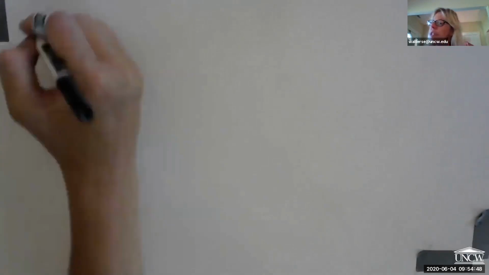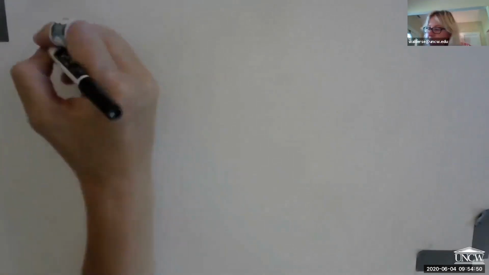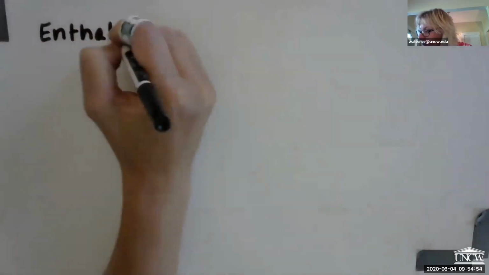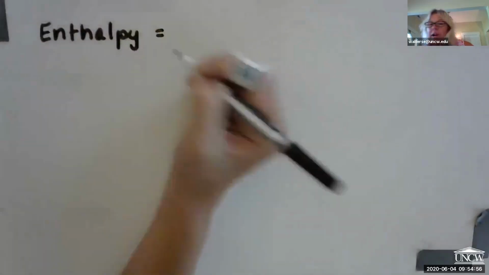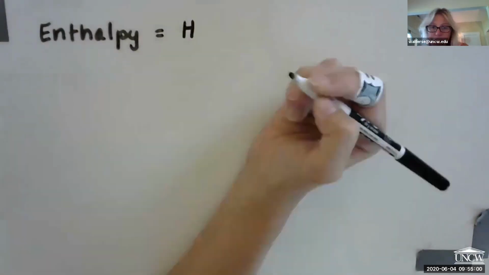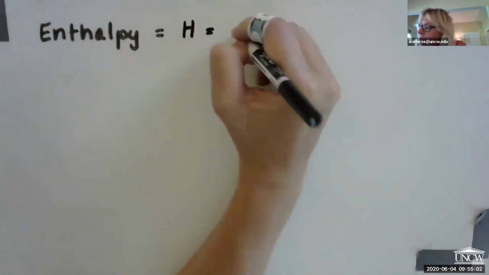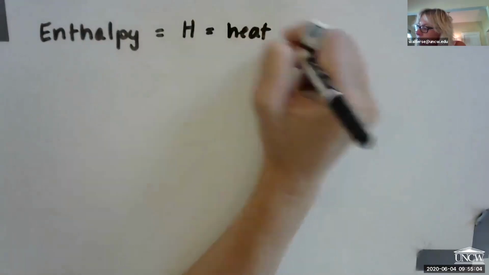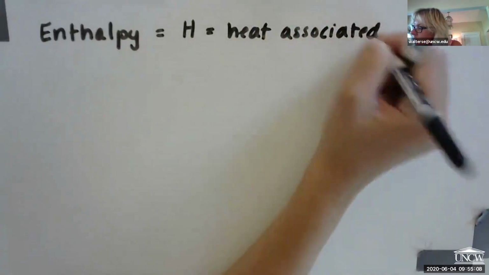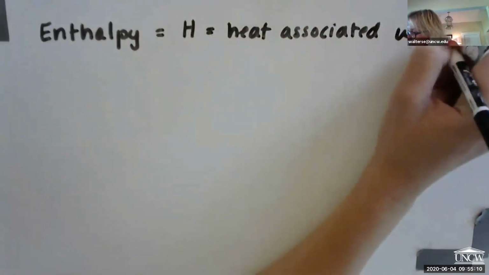Okay, so what we're going to start with is enthalpy. What enthalpy is, it's a state function, so it's given this symbol H. And it is the heat associated with a chemical reaction.